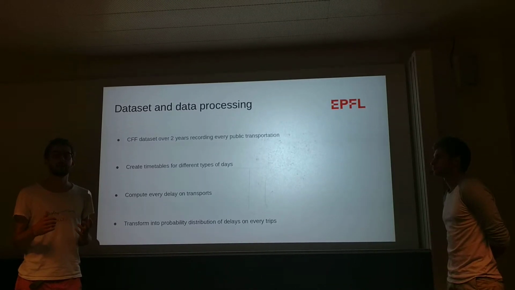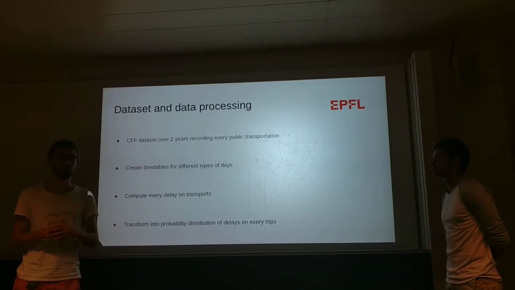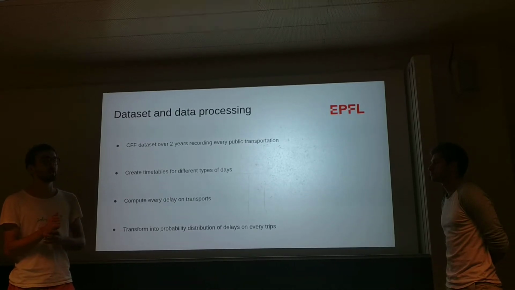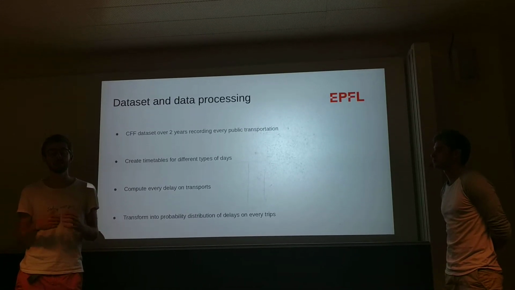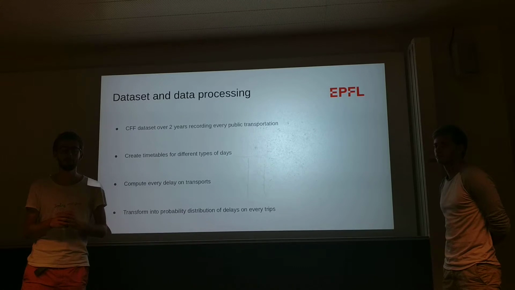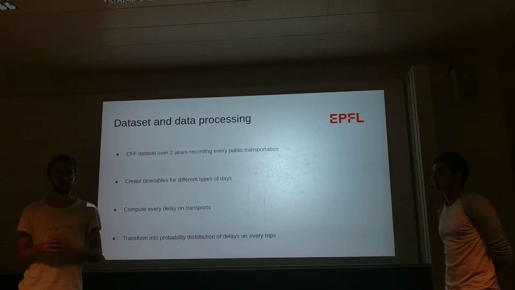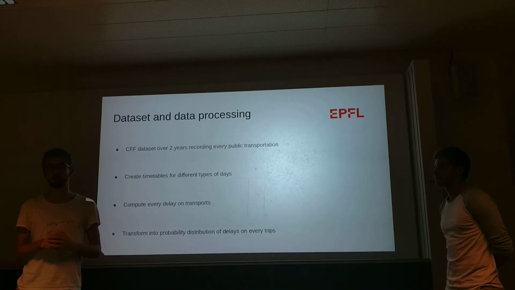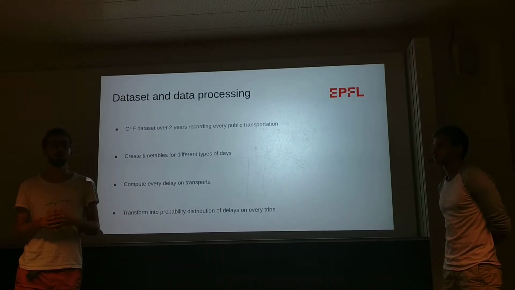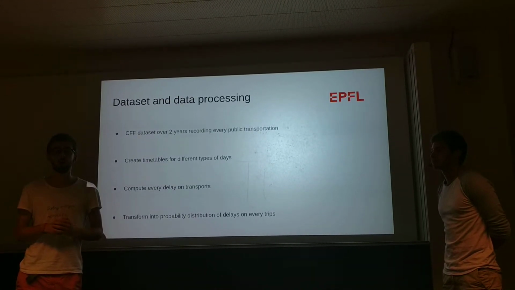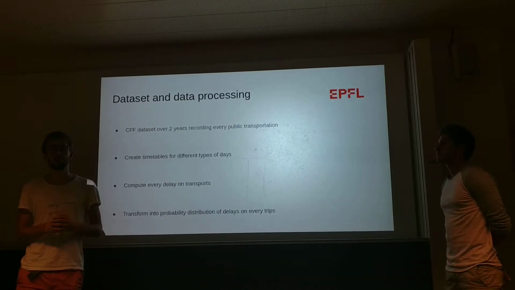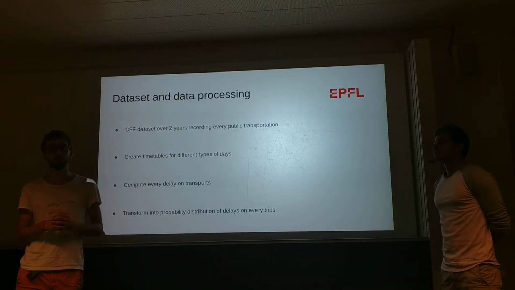Once these timetables were generated, we had to compute all of the delays on every trip, on departure and on arrival, and then transform this into probability distributions. So we computed the probability distributions of arriving with a certain delay and of departing with a certain delay.